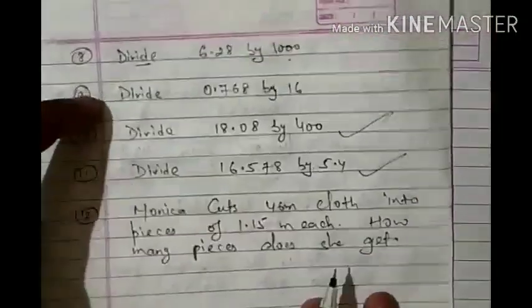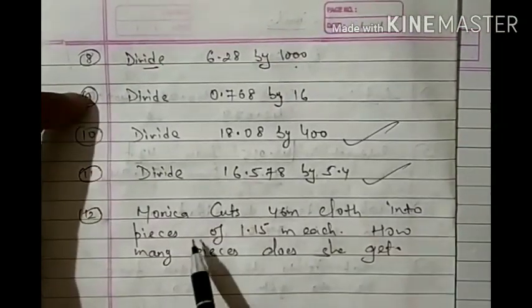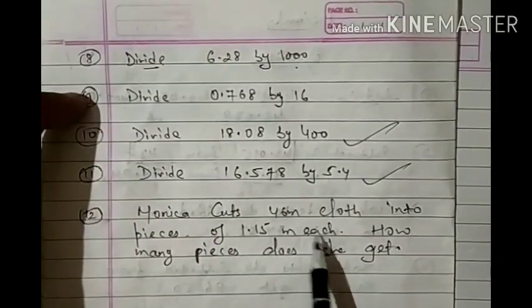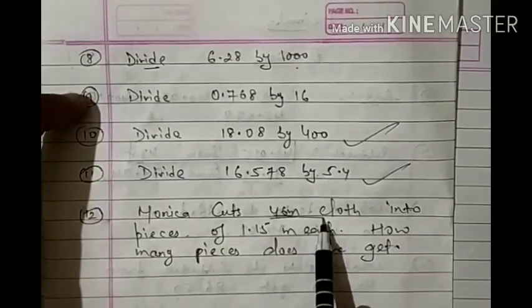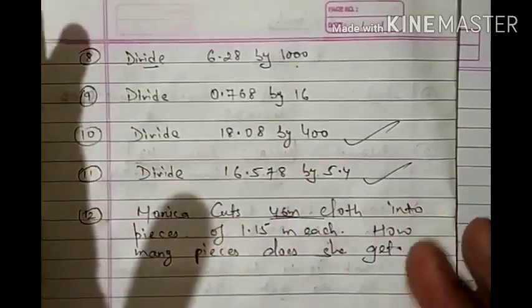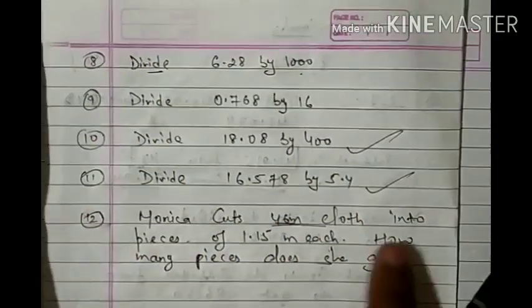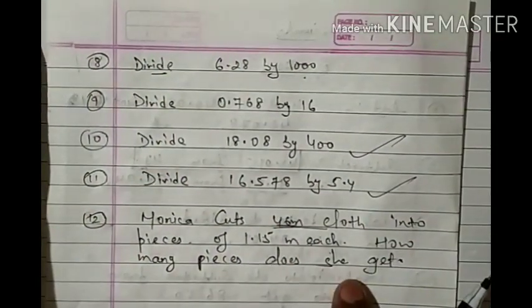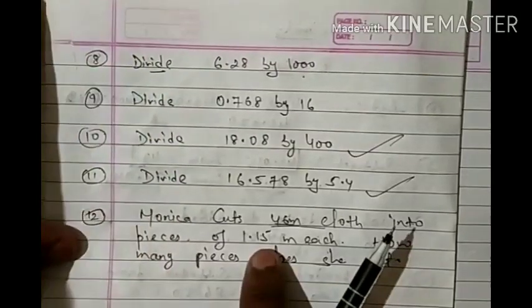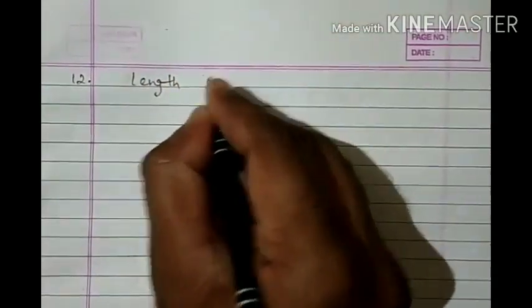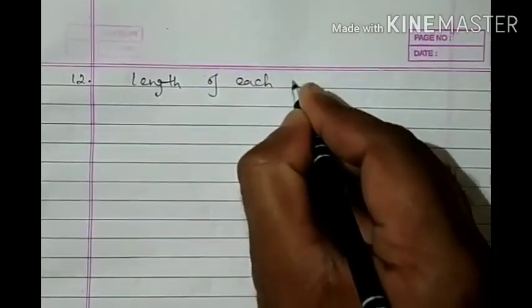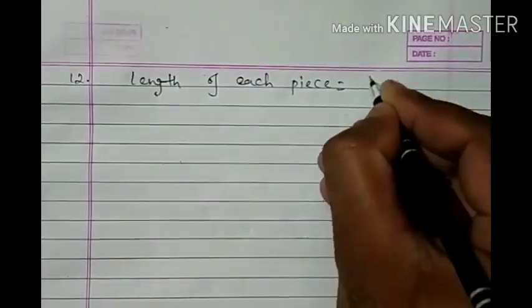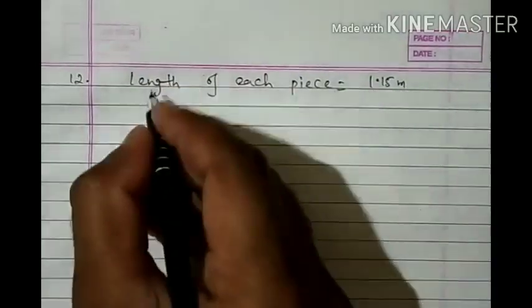Monica cut 46 meter cloth into pieces of 1.15 meter each. How many pieces does she get? Length of each piece is 1.15 meter. Length of each piece, what is the length of one piece? 1.15 meter.